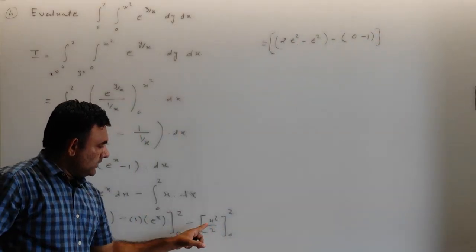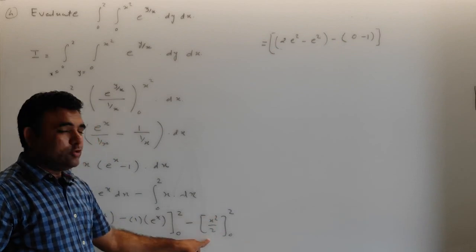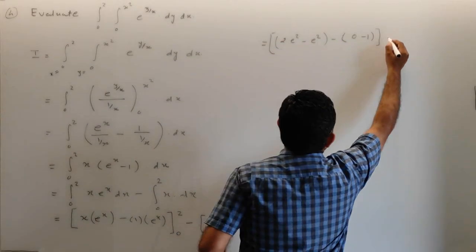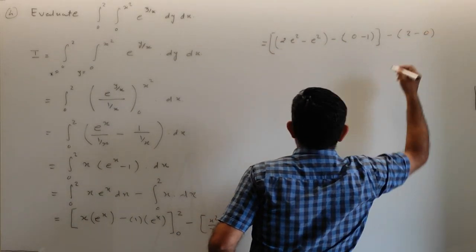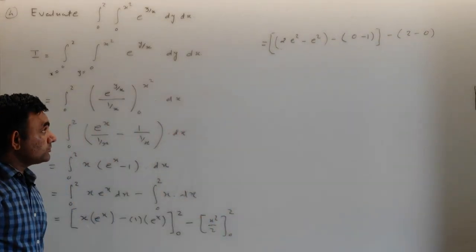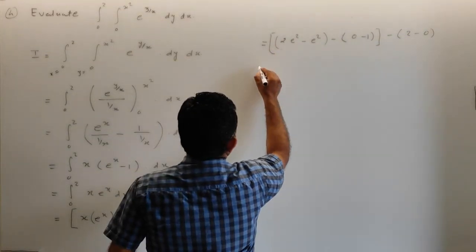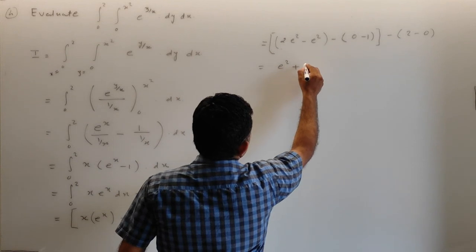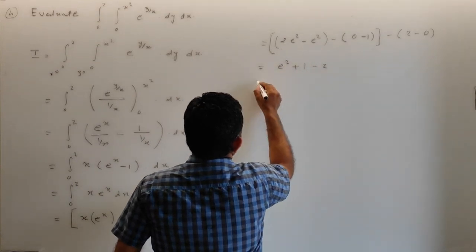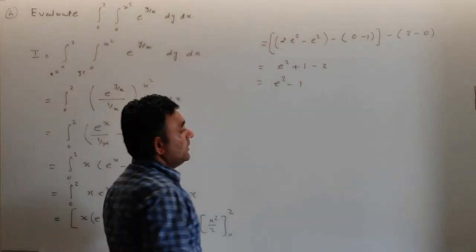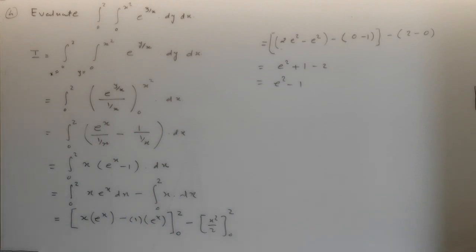Now this x is 2, so it is 4 by 2, it is 2, and for 0, it is 0. So finally 2 e square minus e square is e square, minus minus 1 plus and minus 2, so finally it is e square minus 1. So that is my final answer.